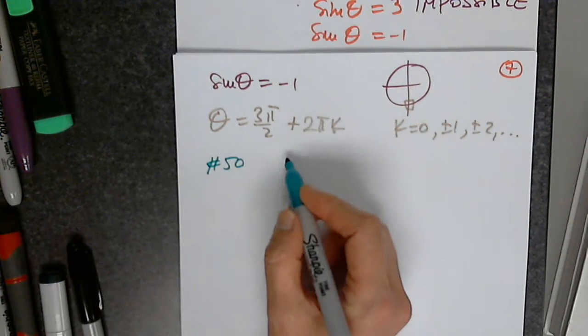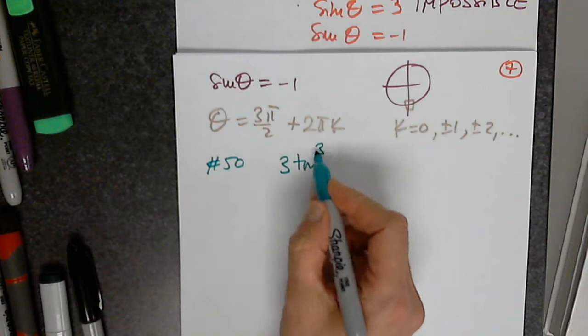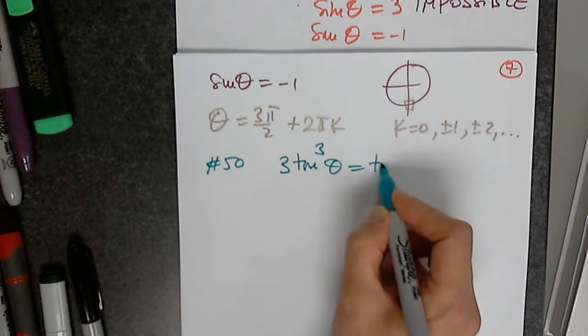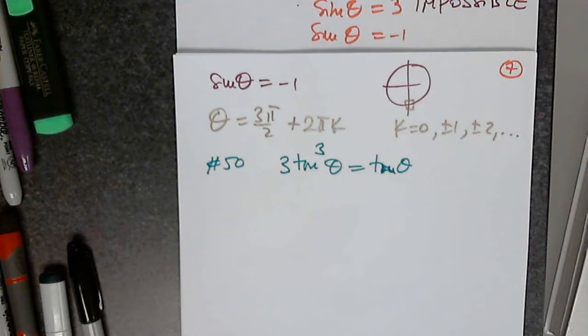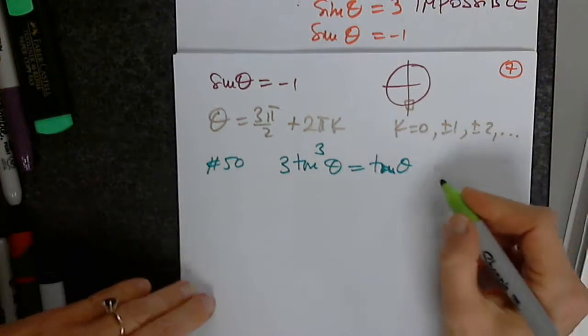Perfect pick. So we have 3 tangent cubed equals tangent theta. Now, before I even attempt this equation, I know that the trig function we see here is a ratio of 2 other functions, and they will not exist when cosine is 0.